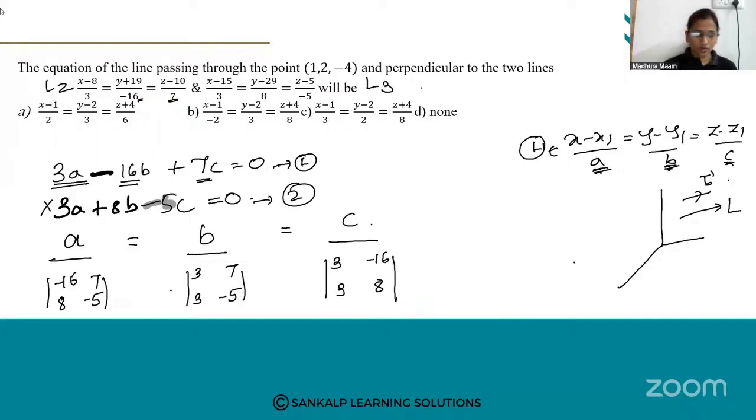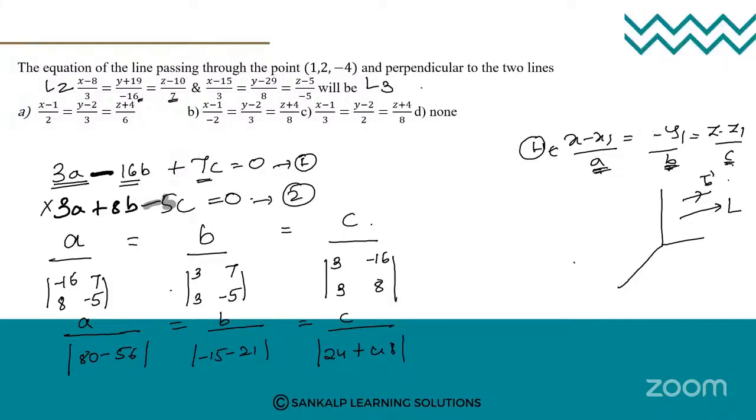So you know how to solve a determinant. So this is 16 minus 16 into -5, how much is it, 80. So this is 56. Right? Similarly here, this is -15 minus 21 and here it is 24 minus of minus plus, correct? 48. Okay, so I'll just clear this out.